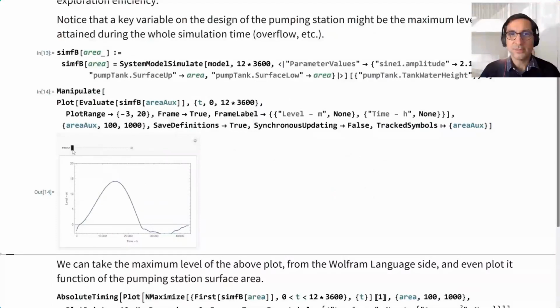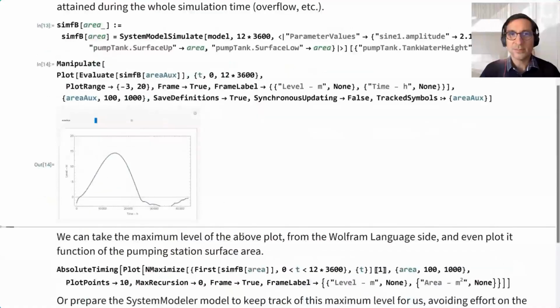And of course, the bigger the surface, the lower the level increase. So the surface has an impact on the maximum level that occurs during the simulation. And as you can see, we can have a live manipulation on this and directly see the results on the level versus the time.